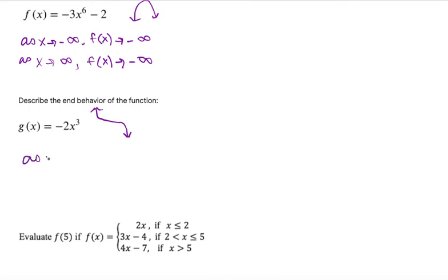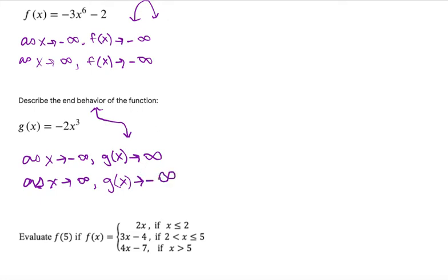So I'm going to write this out as x approaches negative infinity, f of x approaches positive infinity because on the left side it is going up. And as x approaches positive infinity, f of x is going to negative infinity.